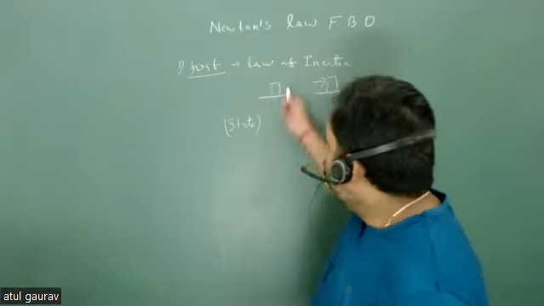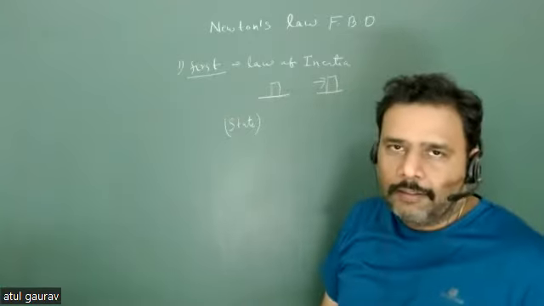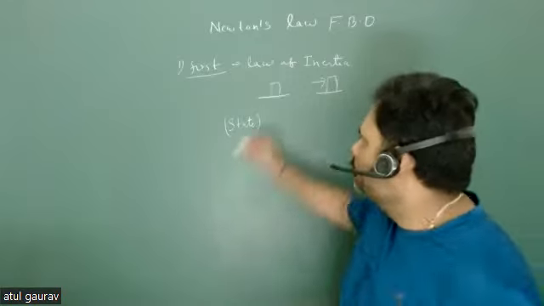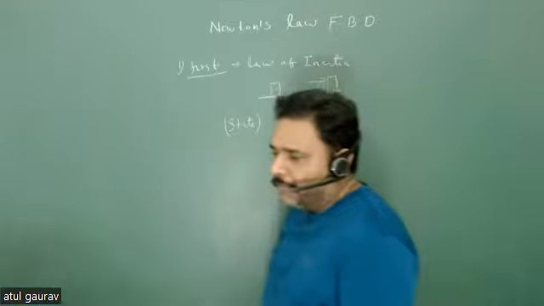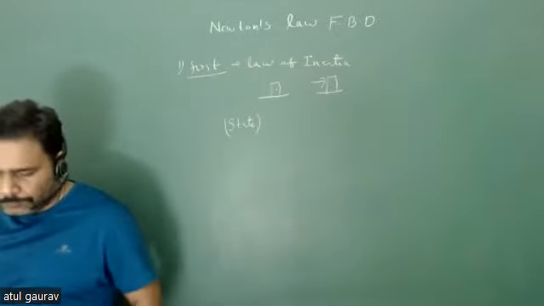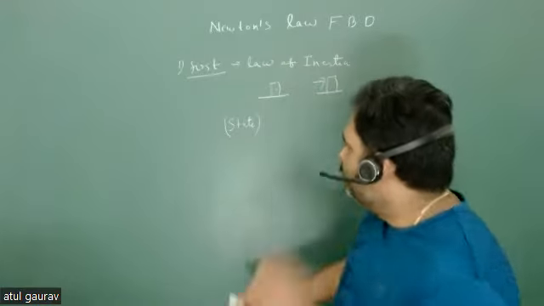And it will also tell you the inertia of this particular mass, block, or particle. So what is the measurement of inertia here? Mass. The measurement of inertia is mass.